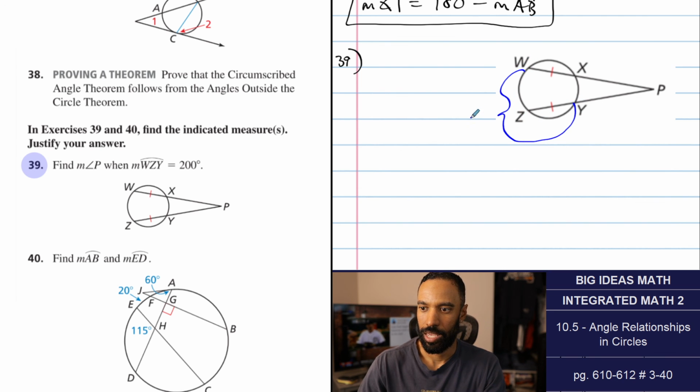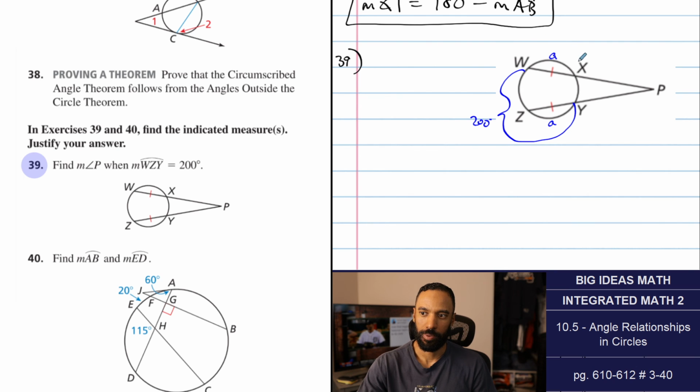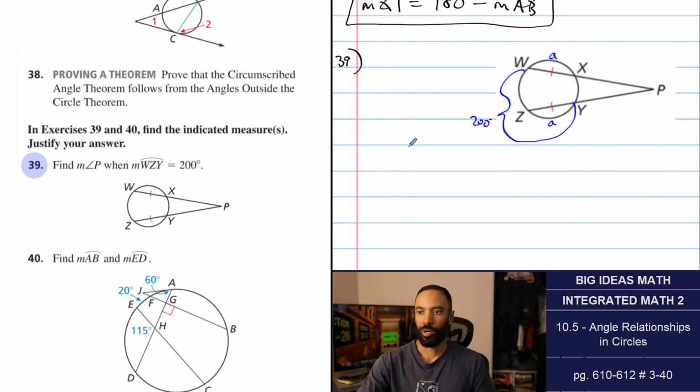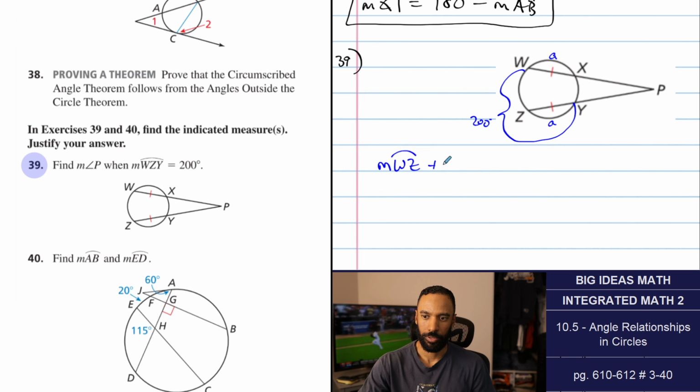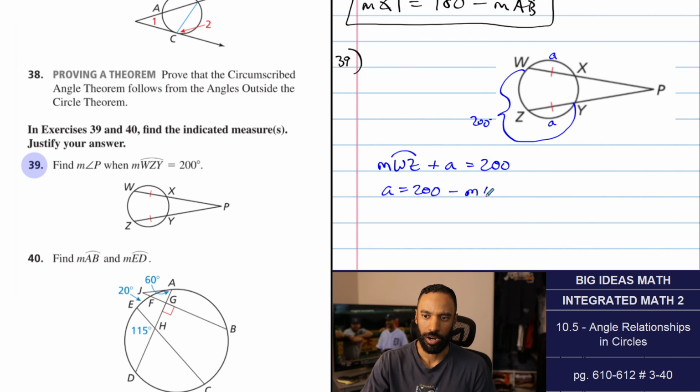This whole thing is 200 degrees. This guy here, and these are congruent, so these arcs are congruent. So let's say that this was an A, and this would also be an A, right? So that also means that this is 200 degrees, by the way. So whatever WZ is, I'll say measure of arc WZ plus A equals 200, and that's the same A as the other one before. So A is 200 minus measure of arc WZ.